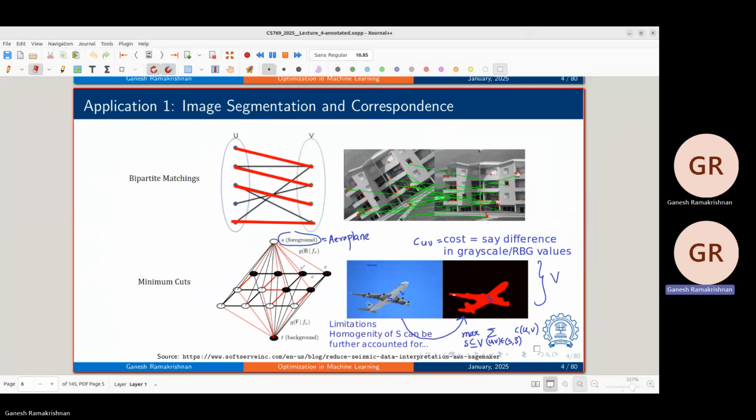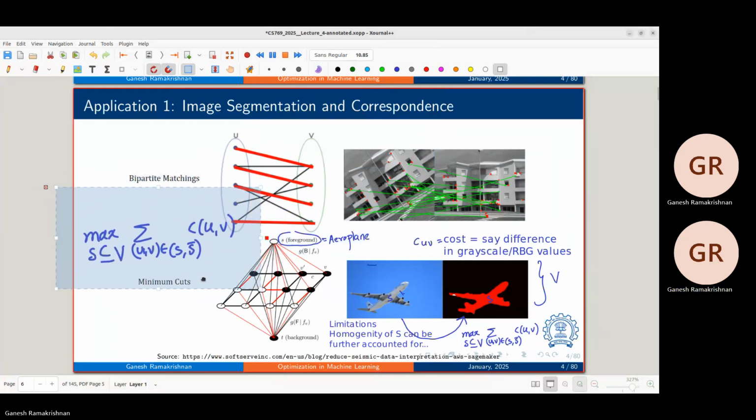So please observe what is being shown here. Maybe I'll enlarge this. It's not visible. Okay, so what we are showing here, and I'll write it on the board as well.